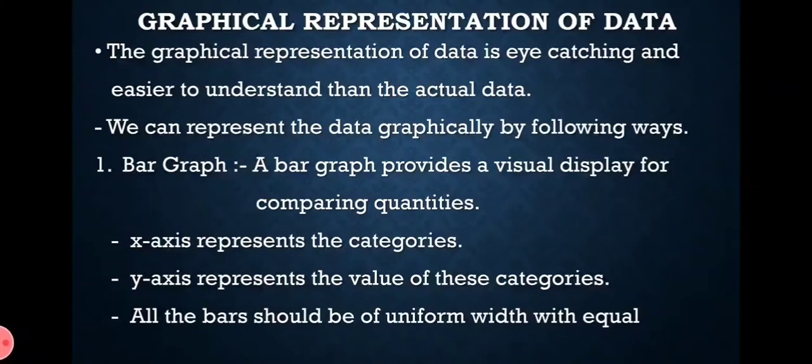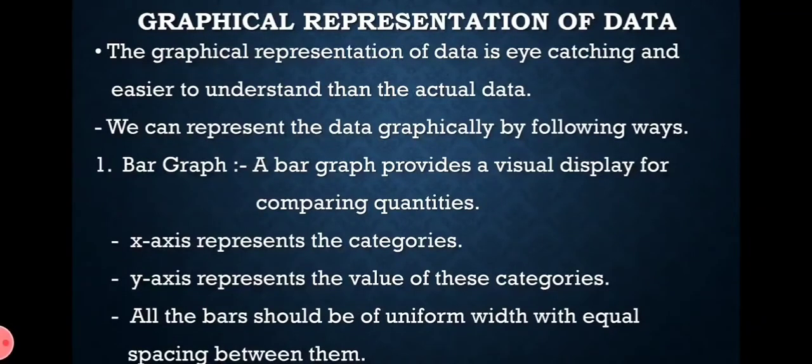All the bars should be of uniform width with equal spacing between them. As it is a comparing graph, when we are making the bars, these bars should be of uniform width, means the broadness of the bars should be uniform, and the space between the bars also should be equal.